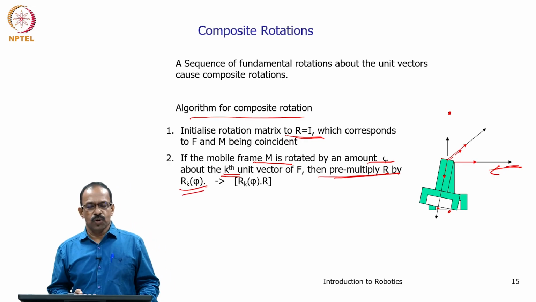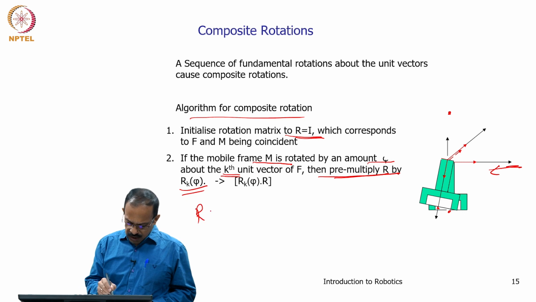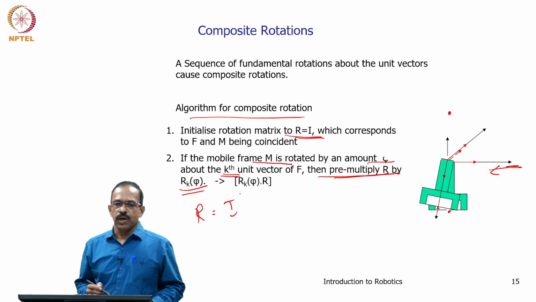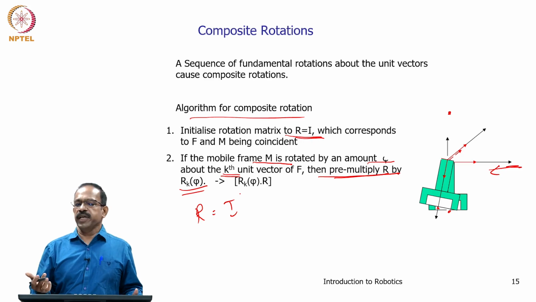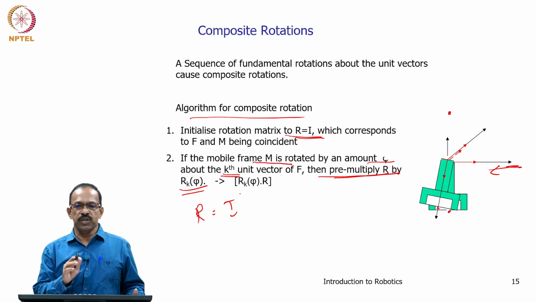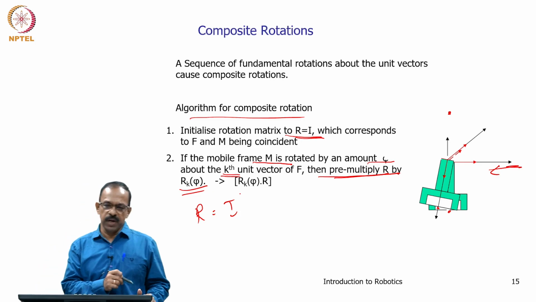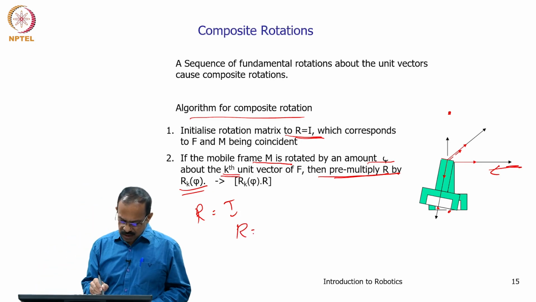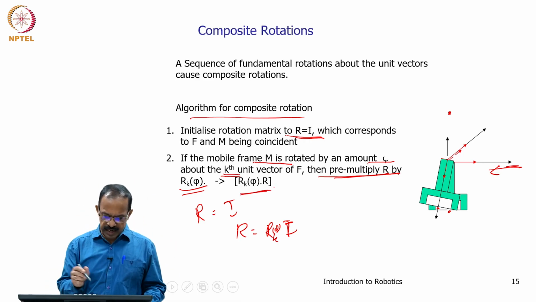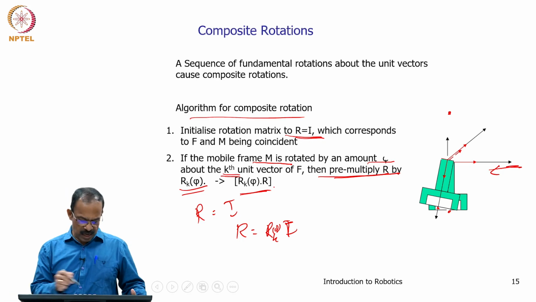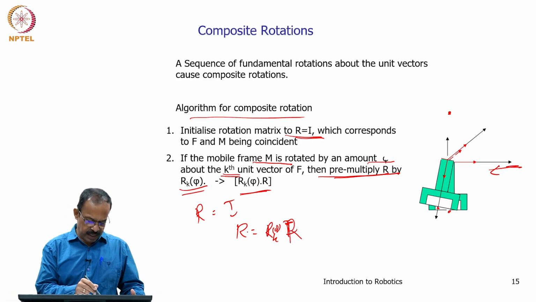Initially R is I. Now, you look at what rotation is happening. If the mobile frame is rotated with respect to the kth unit vector of the fixed frame, then do a pre-multiplication, where k is equal to 1, 2 or 3. So, the new R is RK multiplied by R.